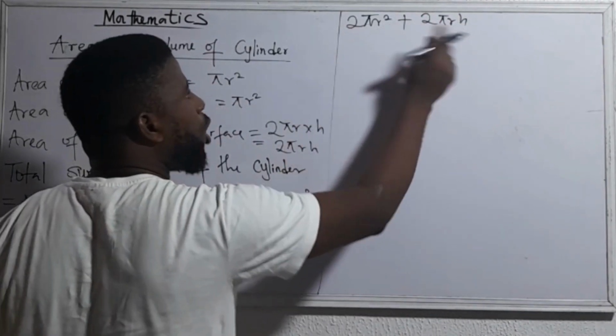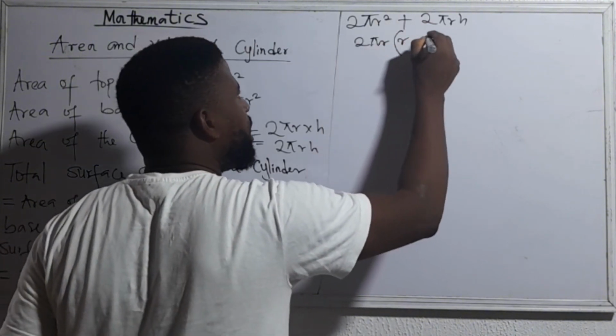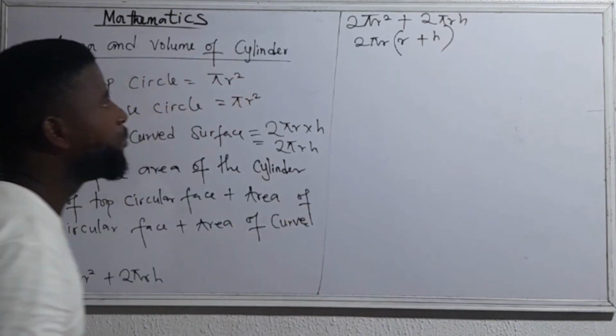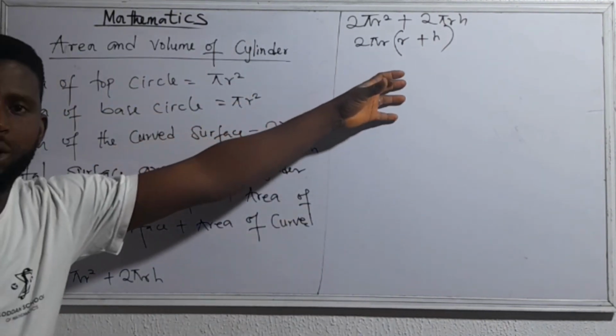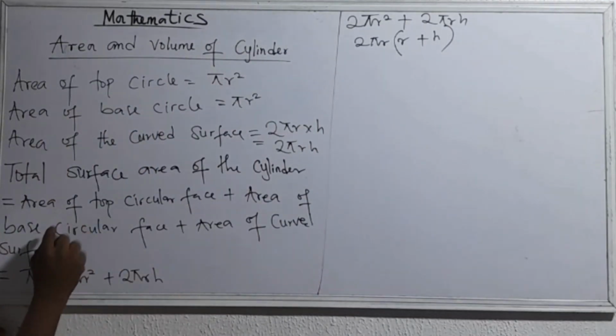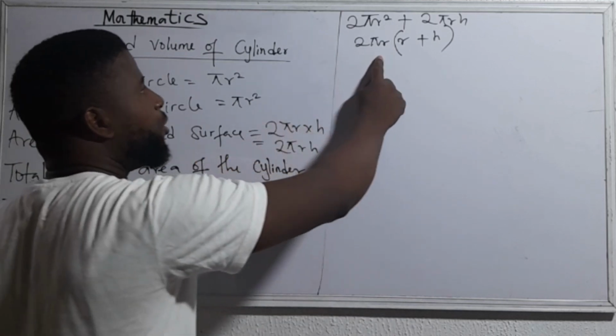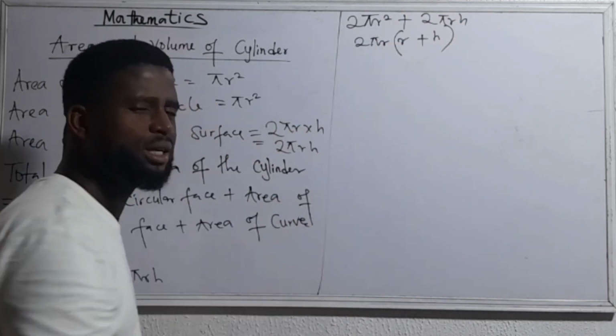Now, 2 pi r is common to both. We have 2 pi r in brackets, we have r left here, plus h. Now, this is the formula to find the total surface area of a cylinder: 2 pi r into bracket r plus h.